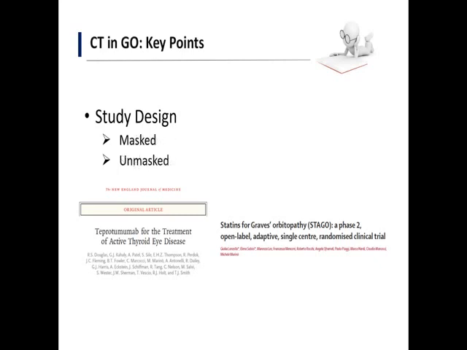Another key point is masking. Of course, a study against placebo is supposed to be double-blind and thus masked, whereas studies against standard treatment, for example, intravenous glucocorticoids, are often open-label because it is impossible to mask patients.